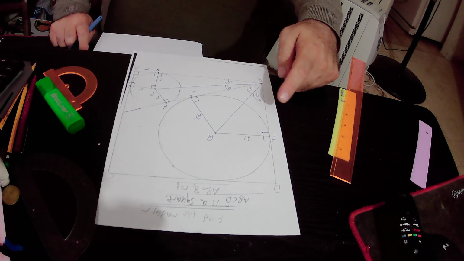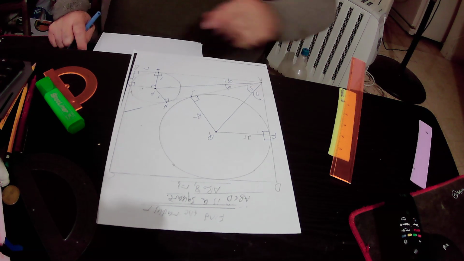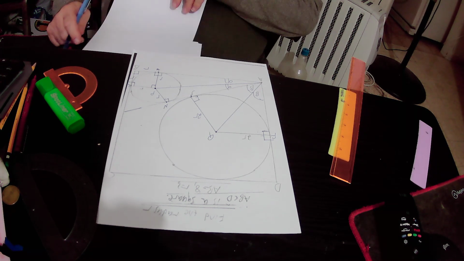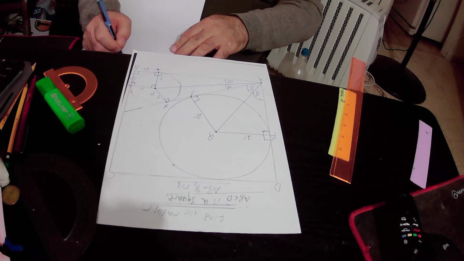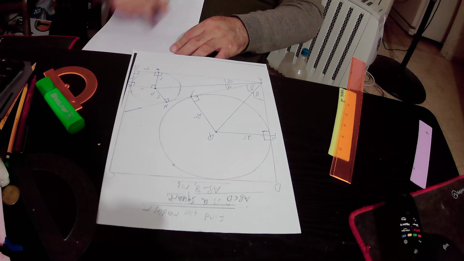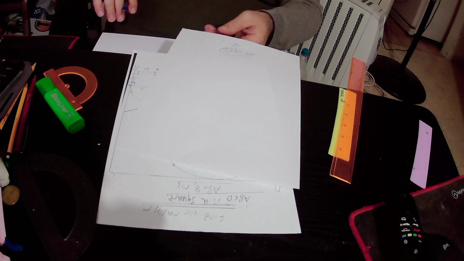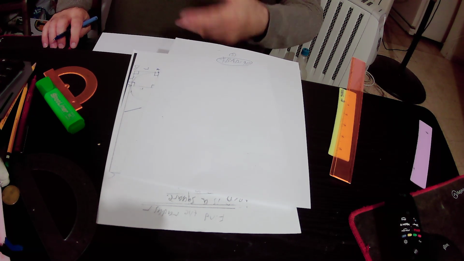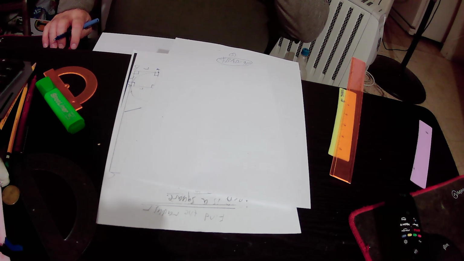So angle BAD, this angle, equals 90 degrees. Again, angle BAD equals 90 degrees because all the 4 angles in a square are equal to each other, and they are equal to 90 degrees, they are right angles.